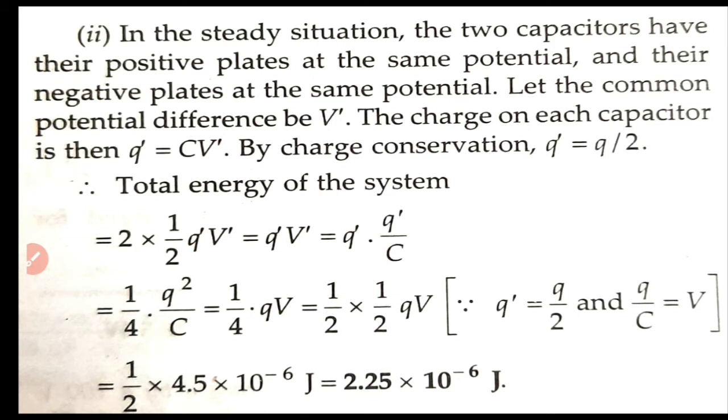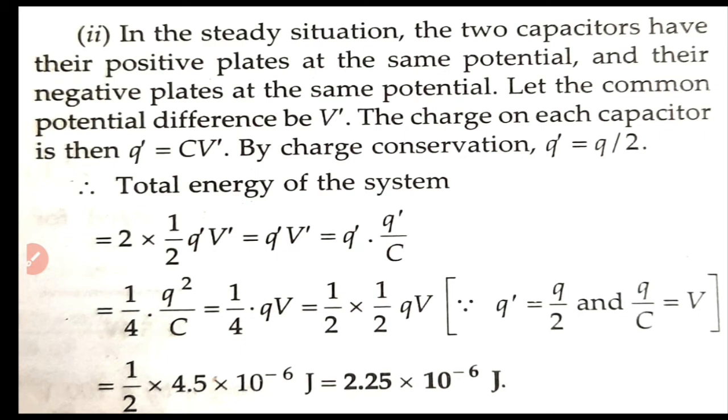Both the capacitors are of the same capacitance. So when they share the charges, both the capacitors will have the same charge. That is, if Q is the initial charge, the final charge on each will be Q by 2. Q dash will be equal to Q by 2. Common potential we assume to be V dash.